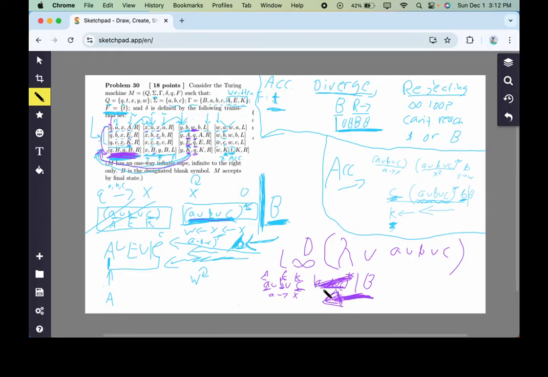I can't have anything coming from this star right here. That's why we don't have the star.